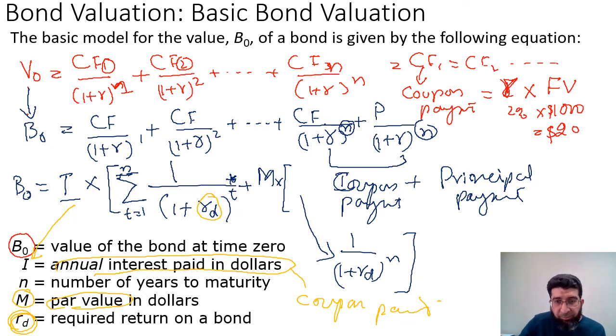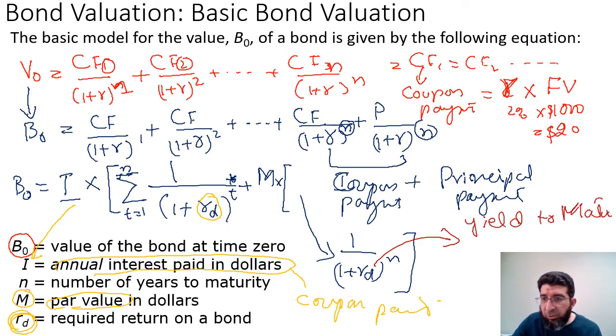So we use two terms here, and you have to remember that RD is the yield to maturity of the bond. We also call it the internal rate of return, as I said earlier, and it is also called the required return on a bond.